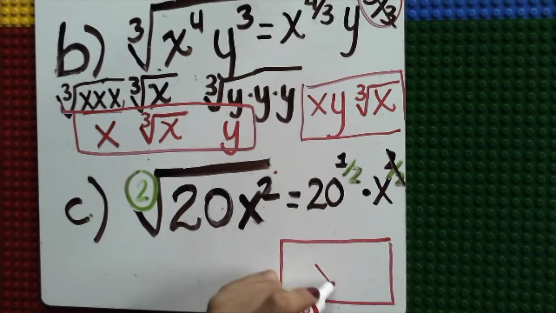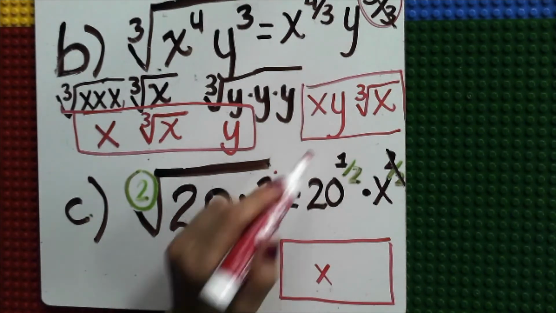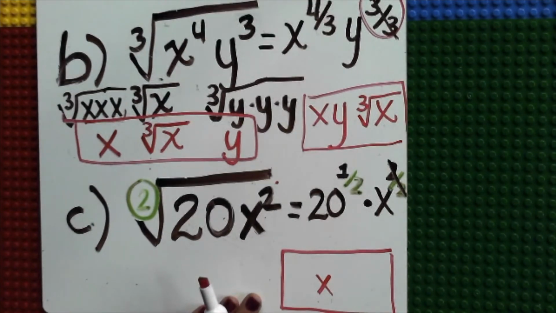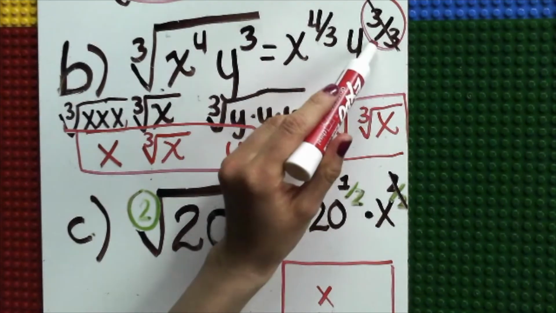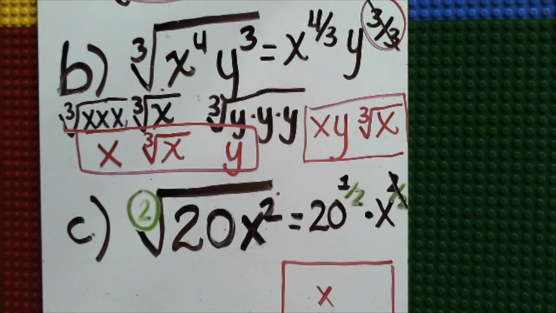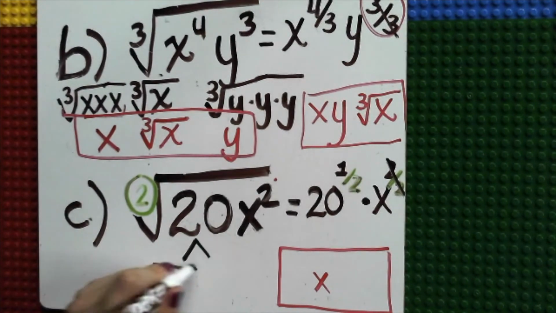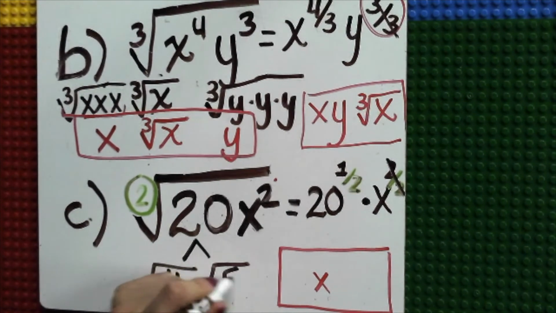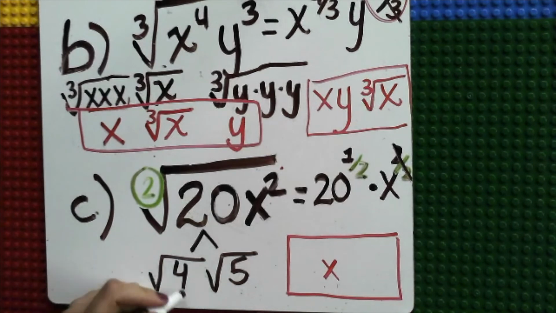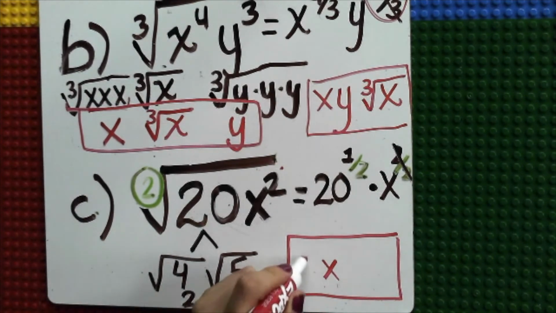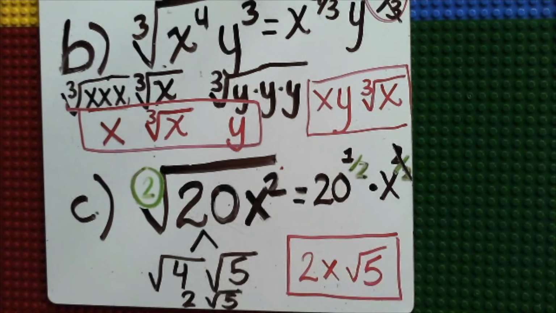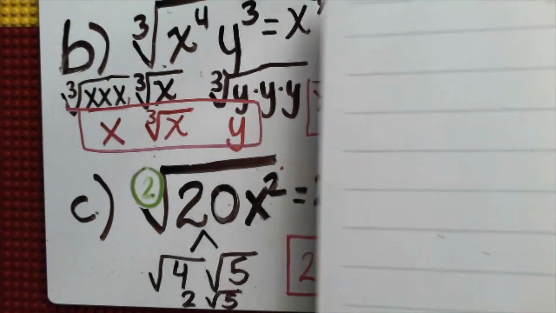So when I write my answer, I will have an x outside of the radical just like I did with the y previously, because y to the 3rd divided by 3 is the same as x squared divided by 2. Those exponents become 1. Next, 20 is 4 times 5. So the square root of 20 is the same as the square root of 4 times the square root of 5. And I know the square root of 4 is 2, and the radical 5 remains. So my answer is 2x times the square root of 5.